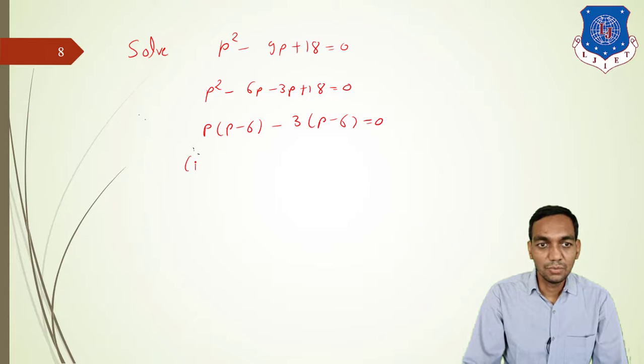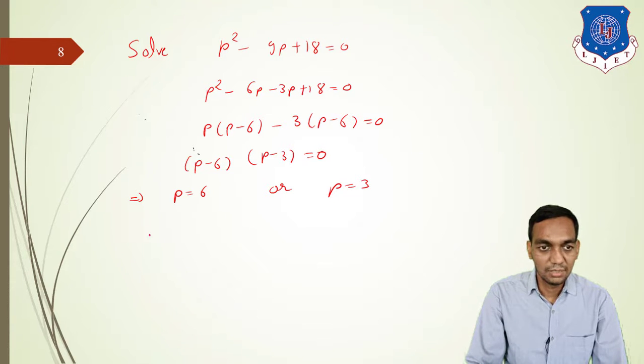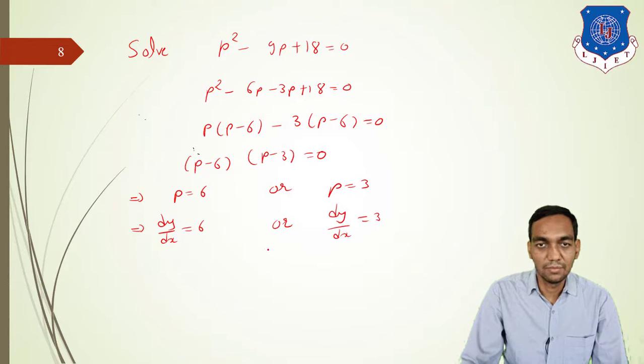Correct? So the factors are p minus 6, p minus 3 is equal to 0. And that implies you have p is equal to 6 or p is equal to 3. Correct? And that implies dy by dx is equal to 6 or dy by dx is equal to 3.